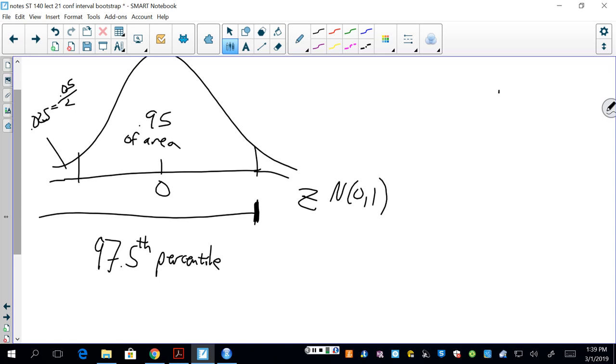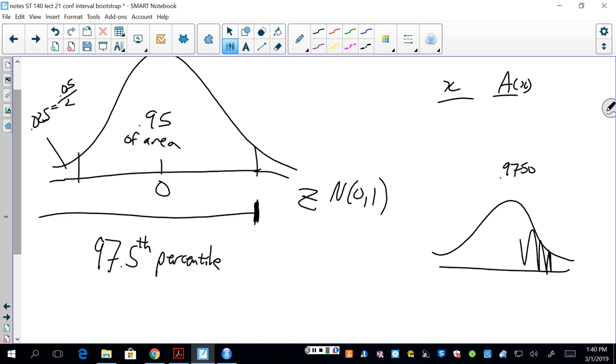Or in Rosner's table, we had X and A of X, the columns. We're looking for the point over here that has about 9750 as the area, because his curve A would take a point here and then give all the area going back.